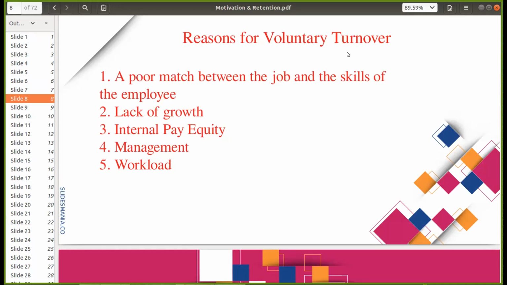Of course, when employee feels that he's being stuck or stagnant sa kanyang career, sa company na yon, sa kanyang trabaho, and wala siya makitang way para umangat ng career ladder niya sa company, then aalis at aalis. Okay, ano ba yung pwedeng strategy ng HR?